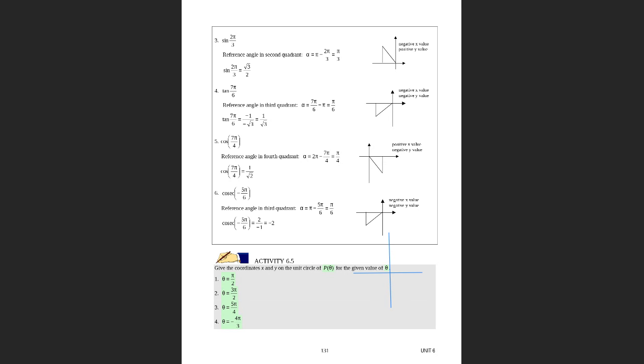Let us remember that our circle is a unit circle. Then here is 0, pi over 2, pi, 3 pi over 2, and 2 pi.